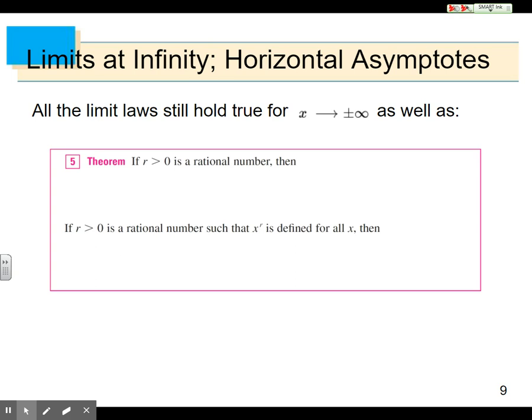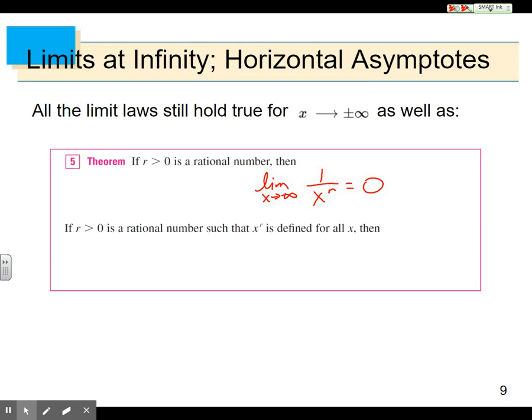We'll name this in class, but theorem 5: if r is greater than 0 and it's a rational number, then the limit as x approaches infinity of 1 over x to the r will always be 0.